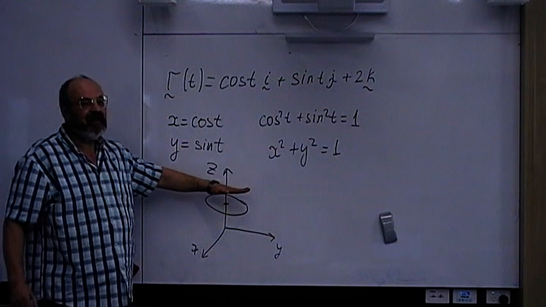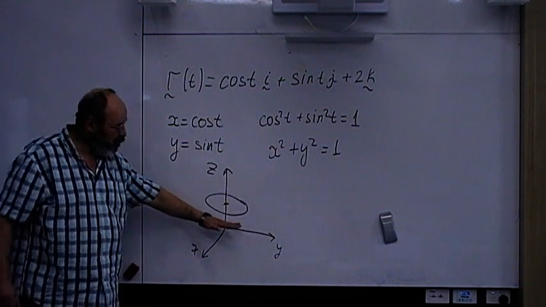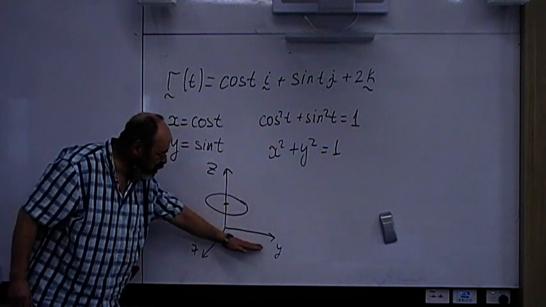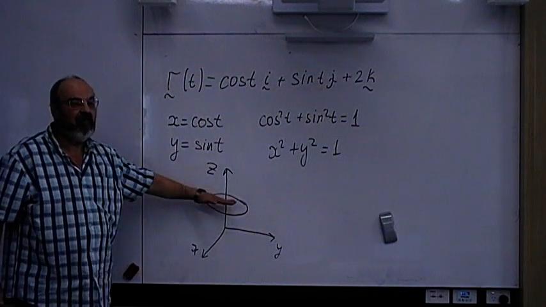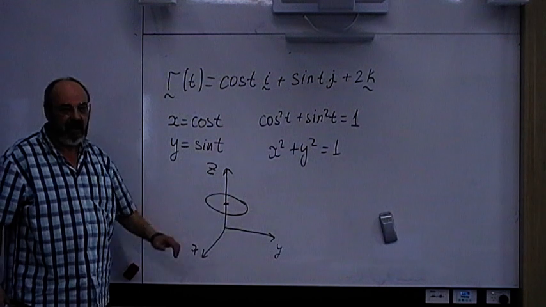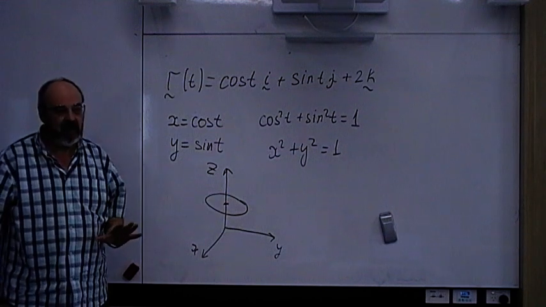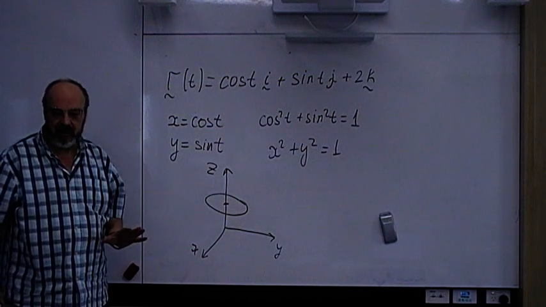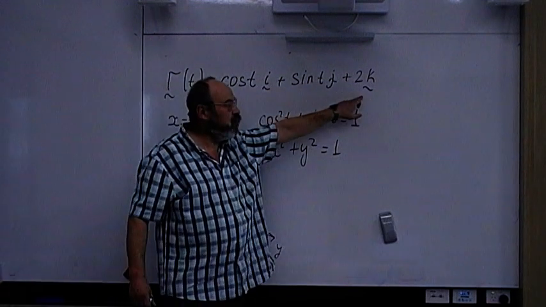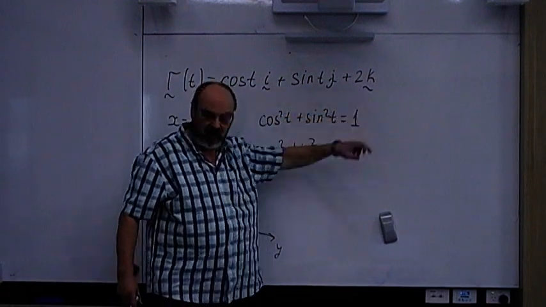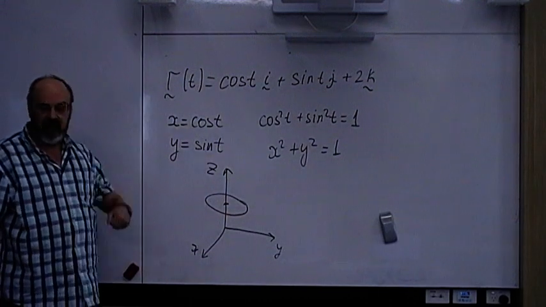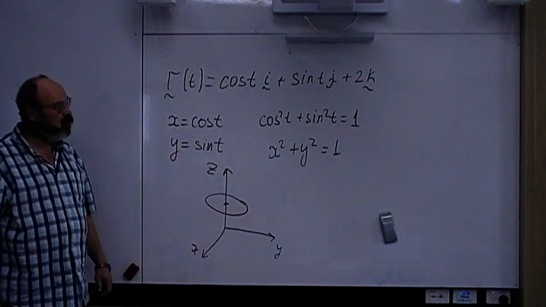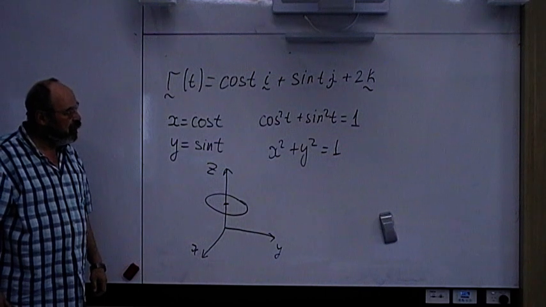It will not be in the xy plane, it will be 2 meters above the xy plane. Does that make sense? Yes, because the z coordinate does not change. So it will be rotating in a circle with radius 1, 2 meters above the xy plane.